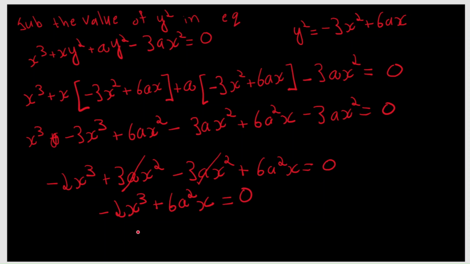So I'm going to be taking minus 2x common over here, my bad, sorry, let me use an eraser over here, but the work should be neat and clean as well.